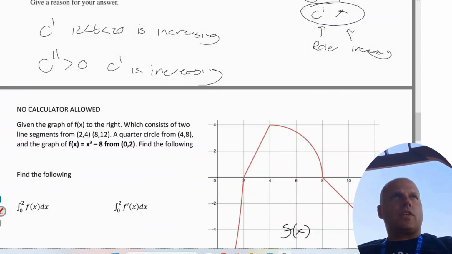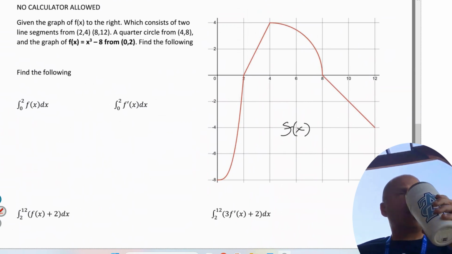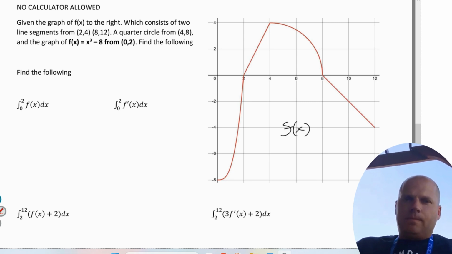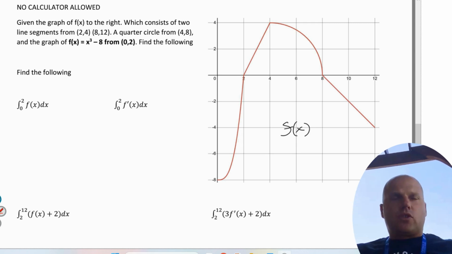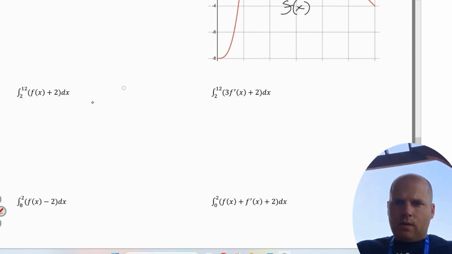All right, so that's a good review of Riemann sums. Now we're going to go into some integral properties and getting some numerical answers. Some things we didn't really get to is the fact that we can split up integrals whenever there's something added.